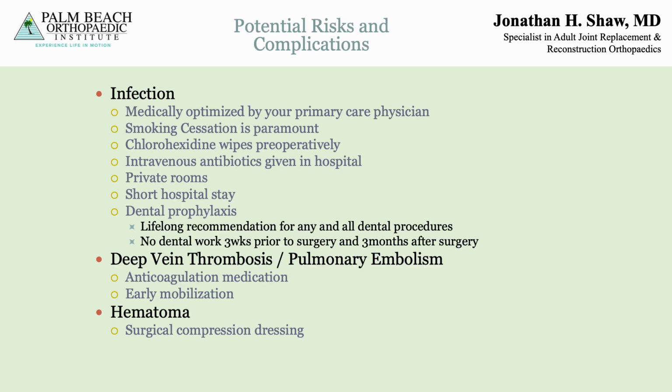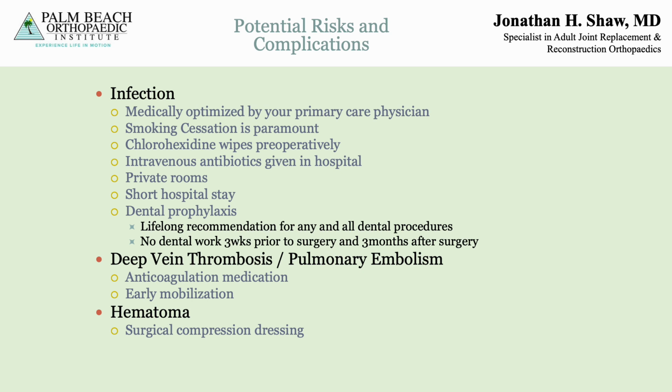Let us now talk about potential risks and complications of hip and knee replacement. Although these percentages are low when it comes to these types of risks and complications, they vary among patients based on their comorbidities. The number one complication in arthroplasty is infection.